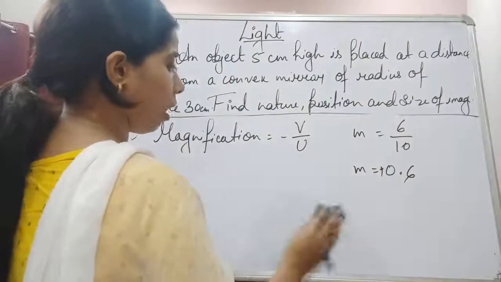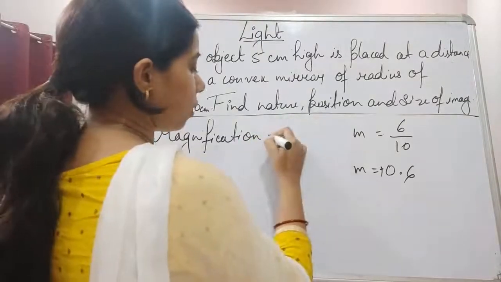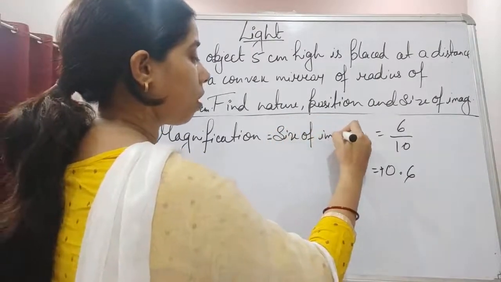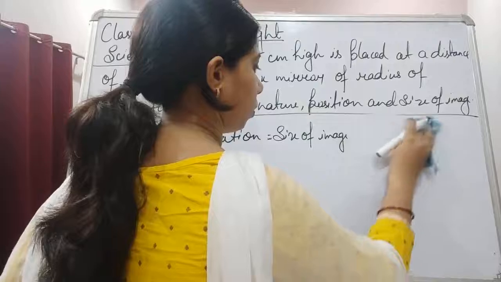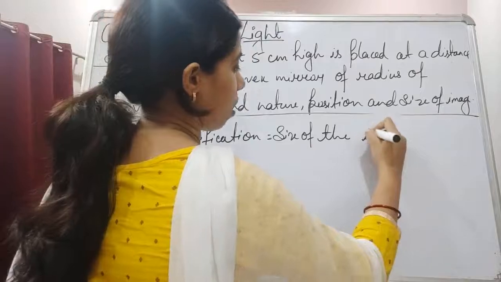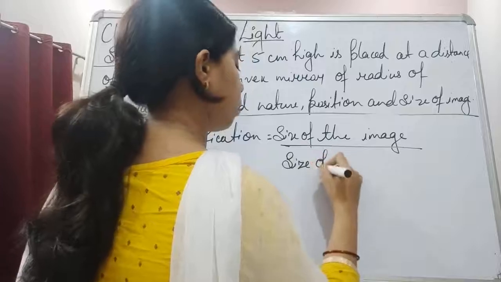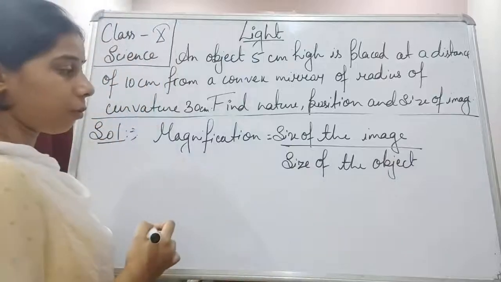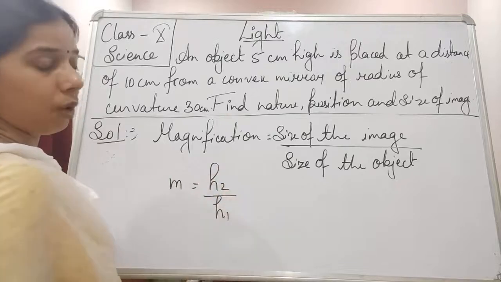Using another formula, magnification is equals to size of the image upon size of the object. So m will be equals to H2 upon H1.